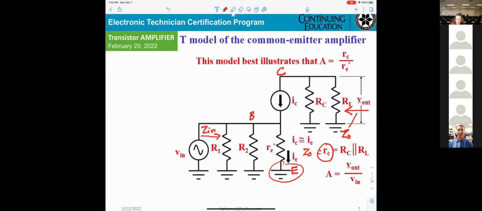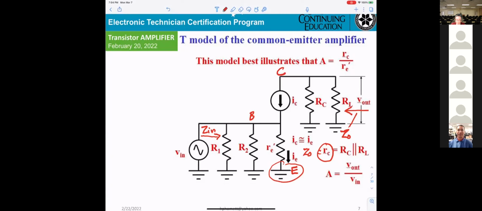If you're looking into here from the input looking into the amplifier, what you can see: R1, R2, and R prime E.